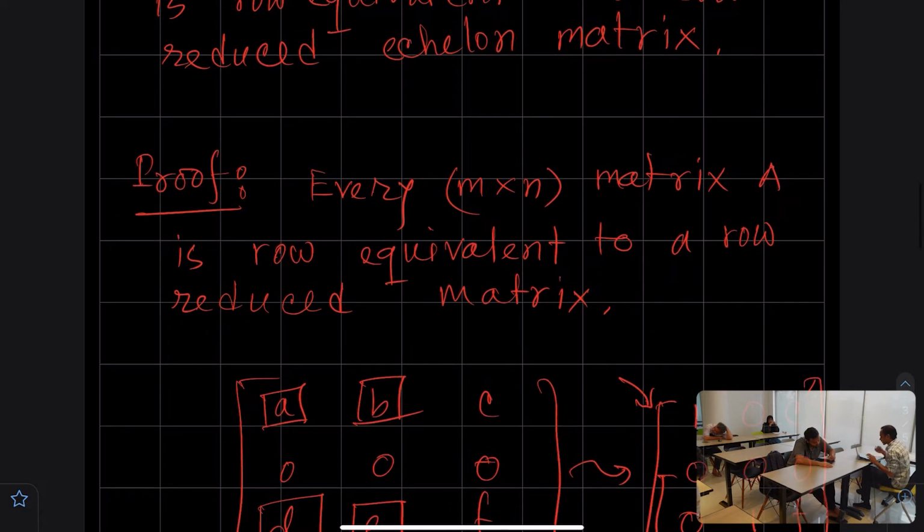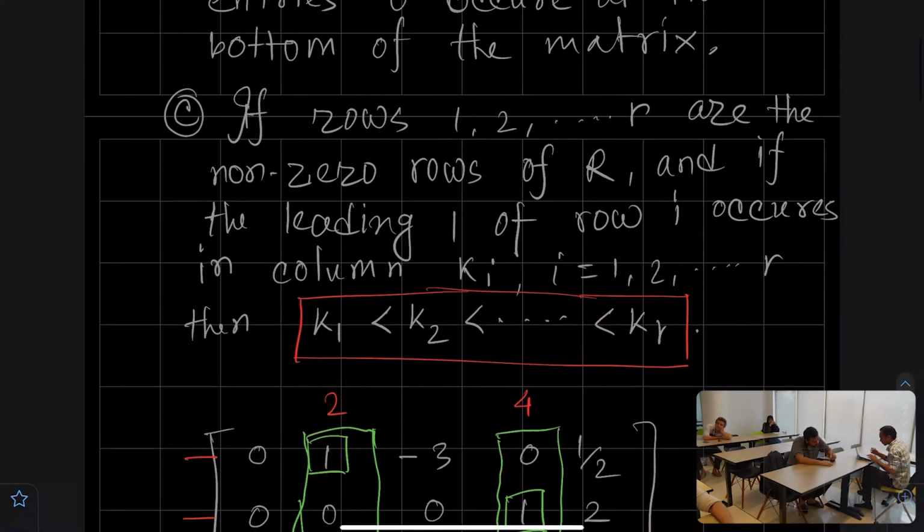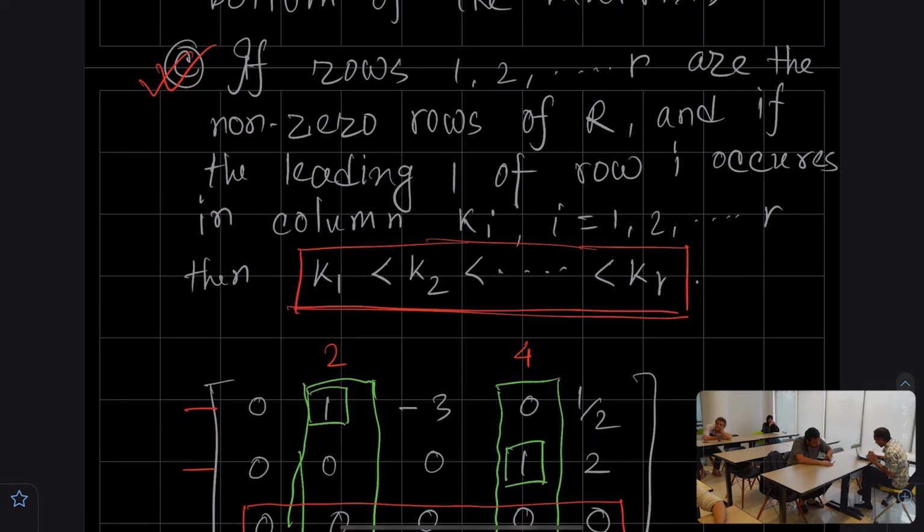In the last class we proved that every M cross N matrix A is row equivalent to a row reduced matrix. Then I can apply the type 3 ERO to bring all the zero rows to the bottom of that matrix, right? And for the ordering condition, I can again use ERO of type 3 to satisfy it, right?